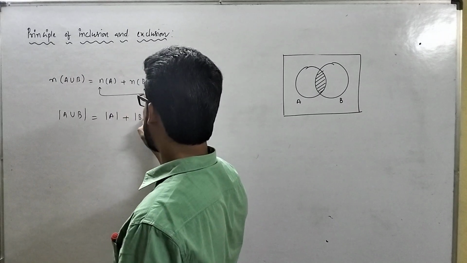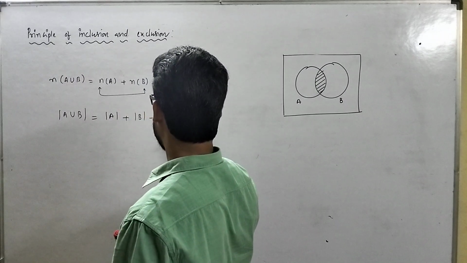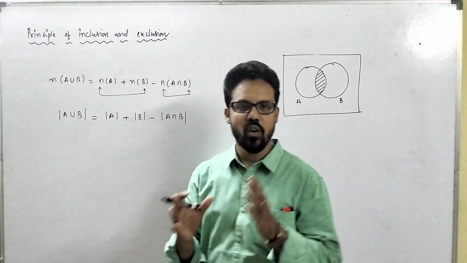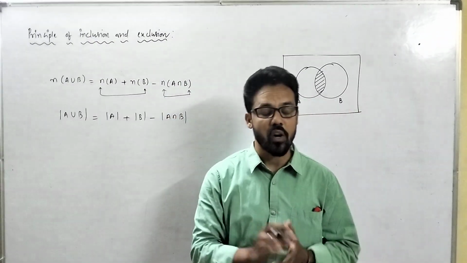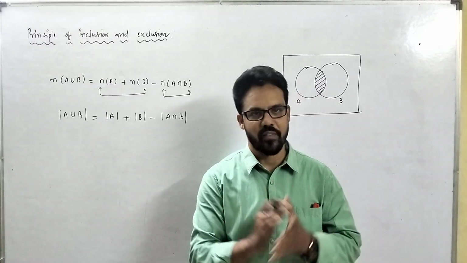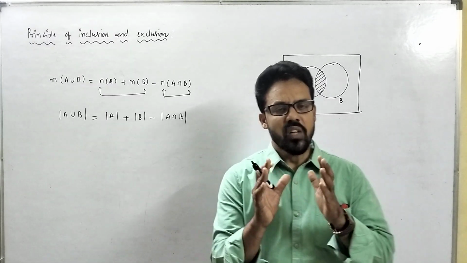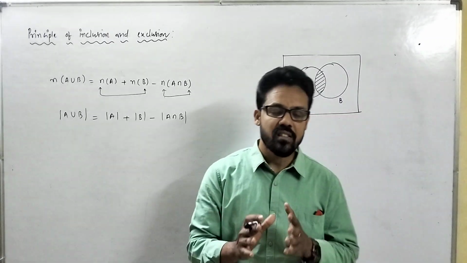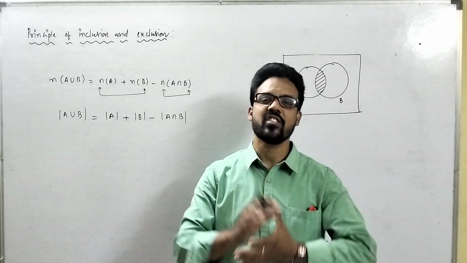It is not modulus, don't be confused. The representation of n of A union B or n of A can also be written in this manner. Not only for 2, we can define this principle for n finite sets.